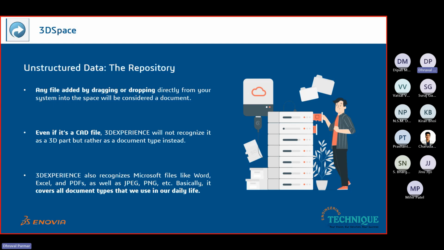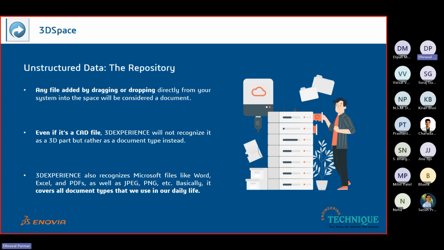Whenever you want to upload a file like PDF, Excel, or Word, you can directly drag and drop it, and it will get uploaded to the space. But just keep in mind, do not drag and drop your CAD data on the platform. It will not recognize that data as CAD files, but rather as a document type instead.